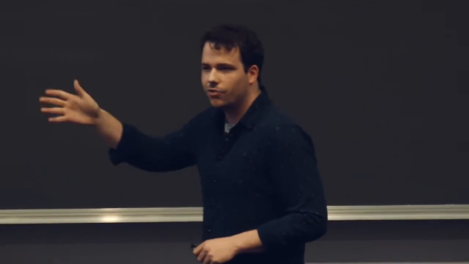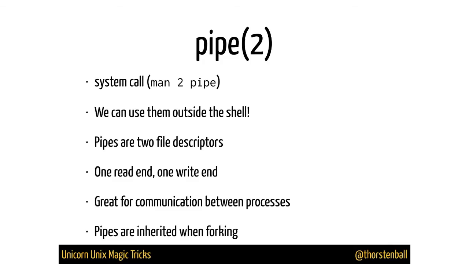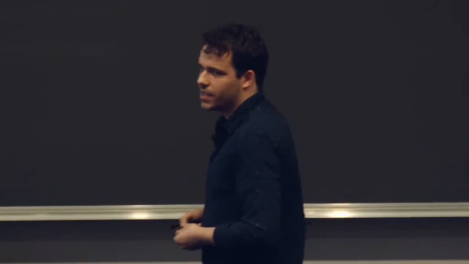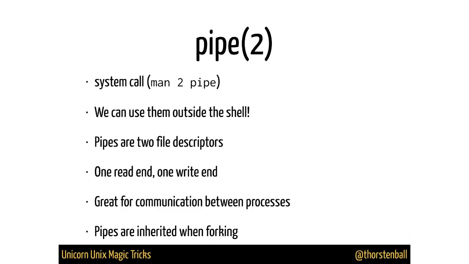They point to a file entry table in the kernel, which the kernel maintains for you, and in the end point to files. Now, pipe returns two file descriptors, one read end and one write end, because in a pipe the data only flows in one direction. The cool thing about this is that since they are file descriptors, child processes inherit them, which makes pipes really great for communication between different processes.